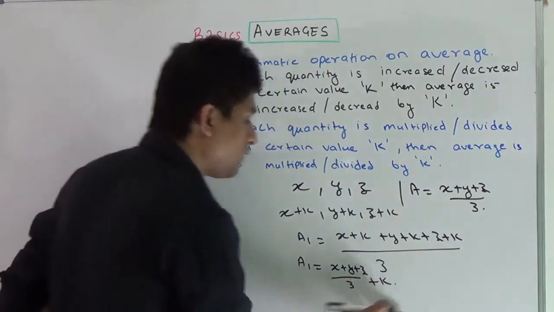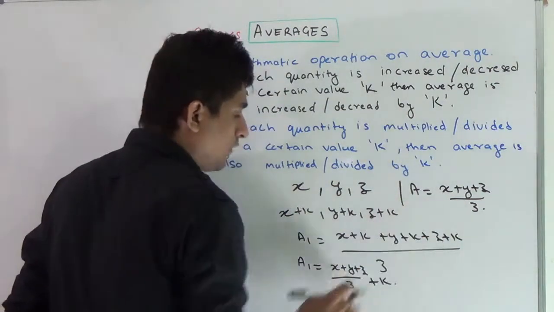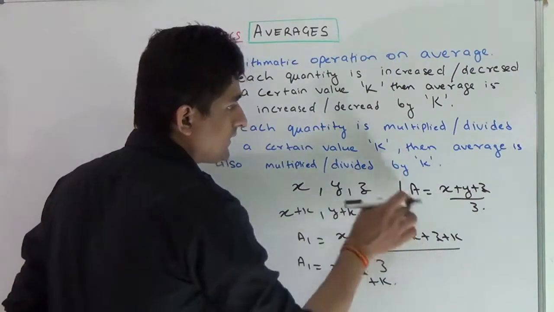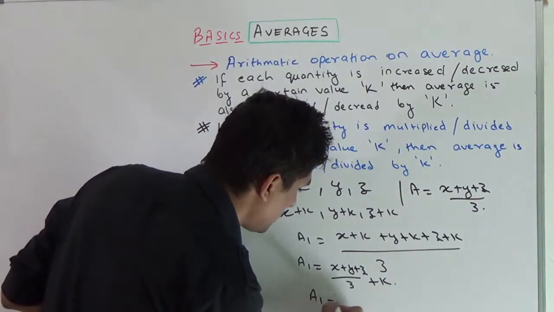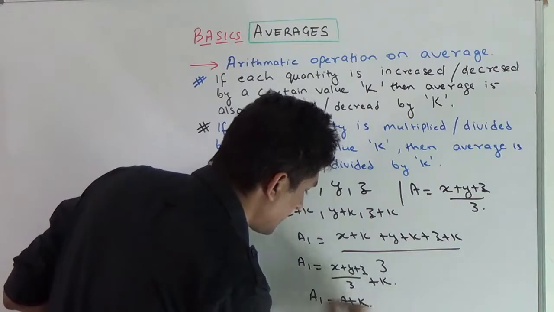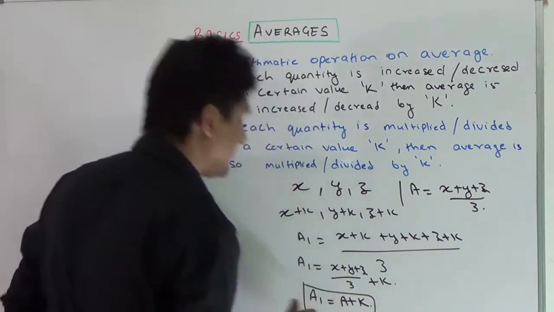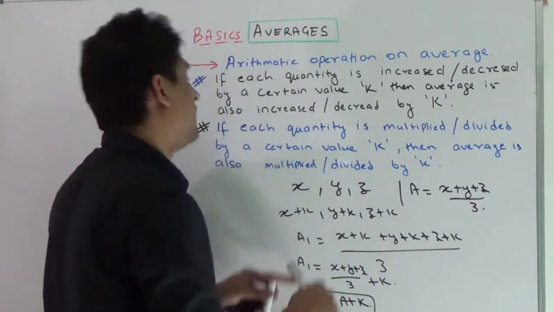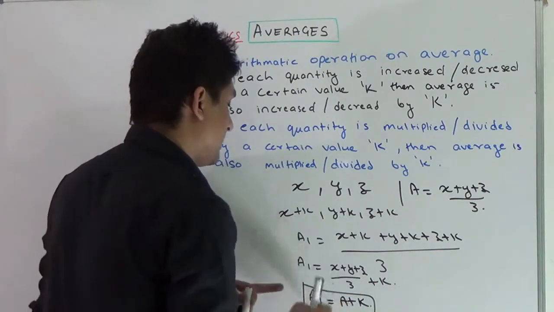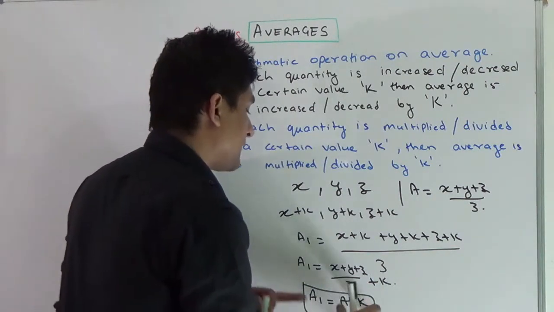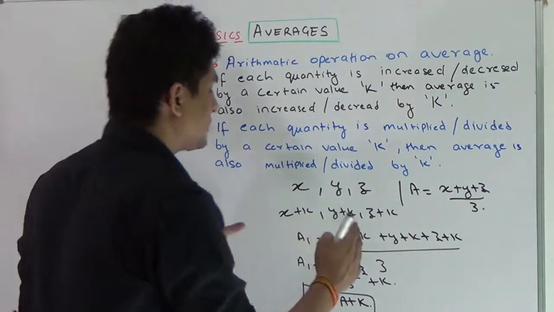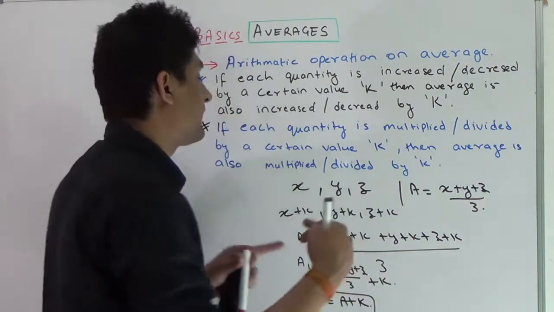So this is the new average, and I know the value of this term is a. So a1 will be equal to a plus k. So hence this property says that if each term of the observation is increased by value k, then the average is also increased by k.